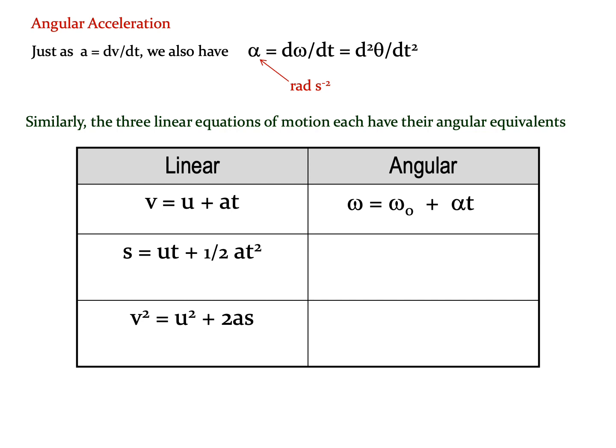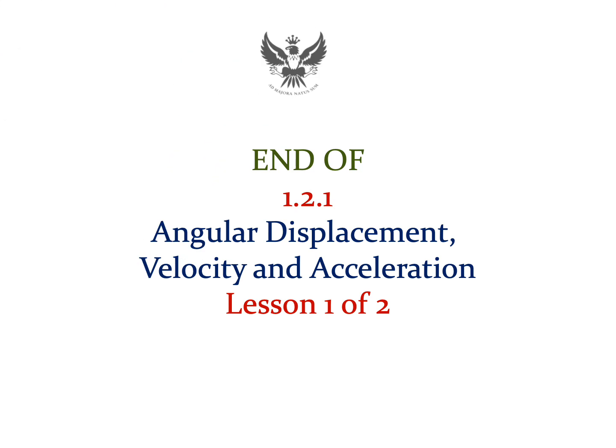We call the initial angular velocity omega naught and the final angular velocity omega. s equals ut plus half at squared in rotational terms becomes theta equals omega naught t plus a half alpha t squared. And finally, v squared equals u squared plus 2as becomes omega squared equals omega naught squared plus 2 alpha theta. And that's the end of the first lesson.